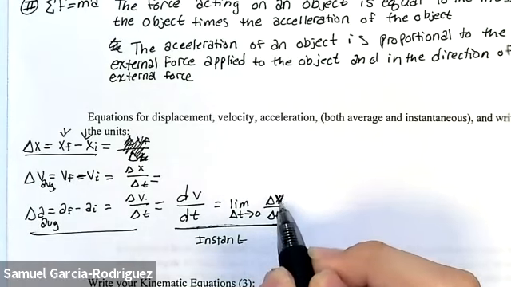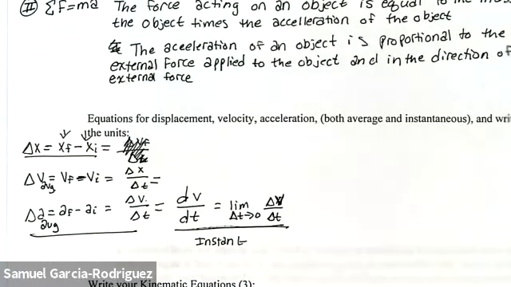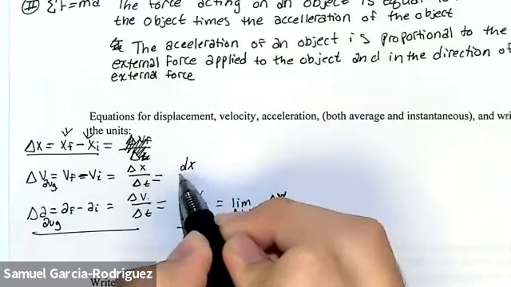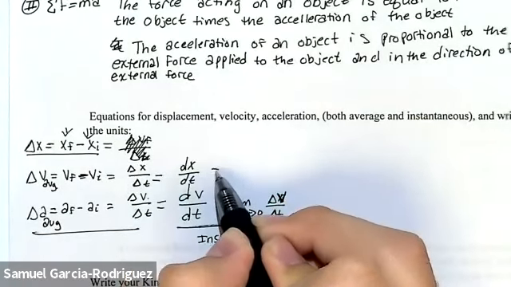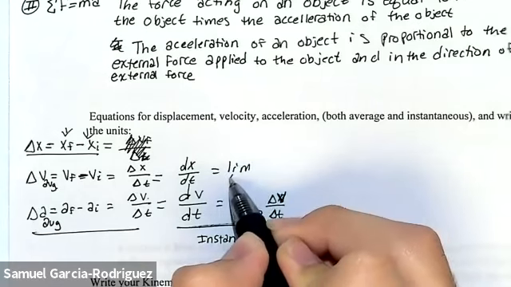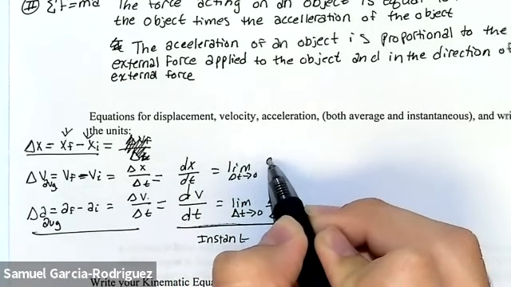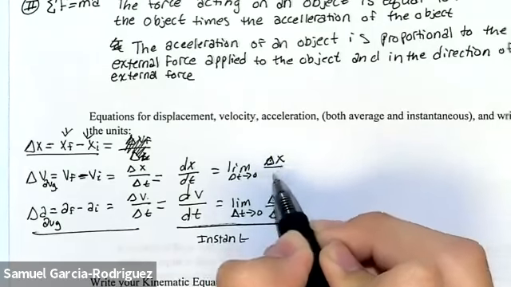That's supposed to be velocity. Yes. Which is also equivalent to the limit of delta t approaching 0 of delta x over delta t.